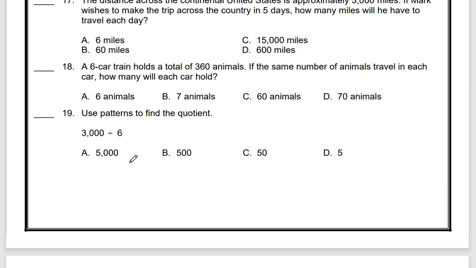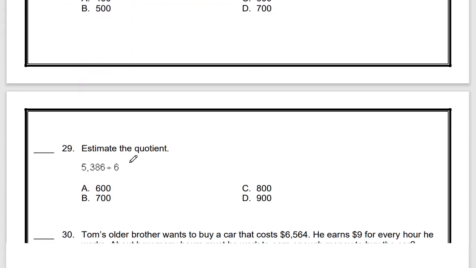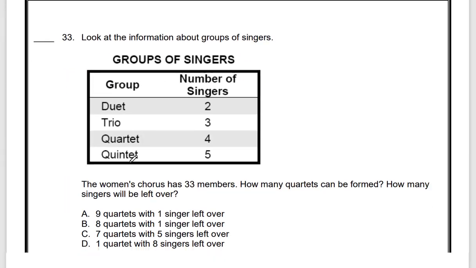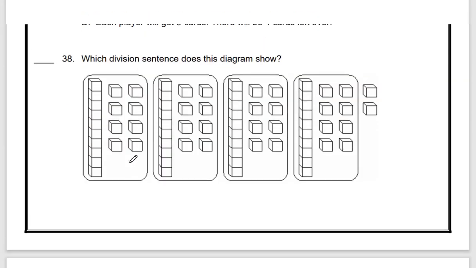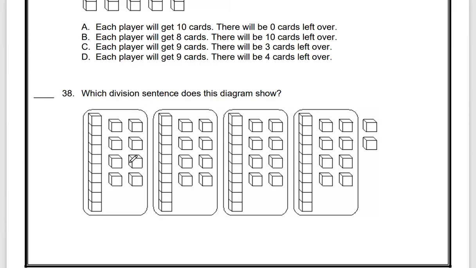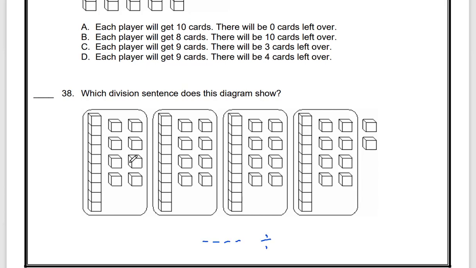Okay, my heroes, I need also to tell you about how to solve questions like this one. Which division sentence does this diagram show? For this question, you will start with finding any of the parts of the division sentence. As you can see, I have 4 parts for the division sentence.